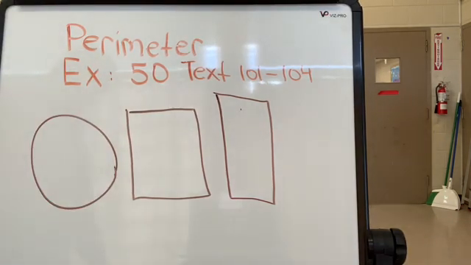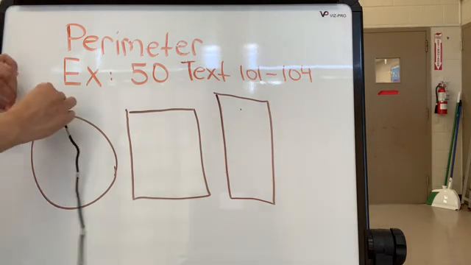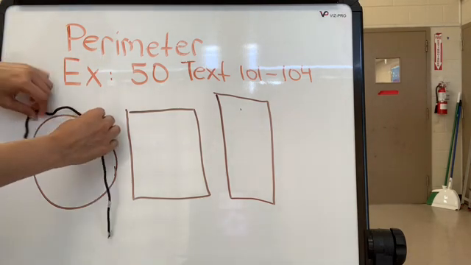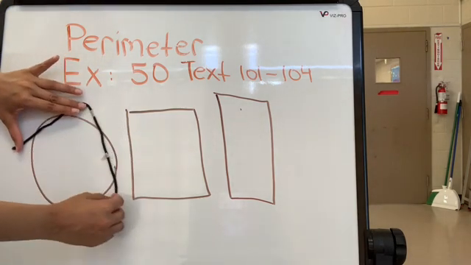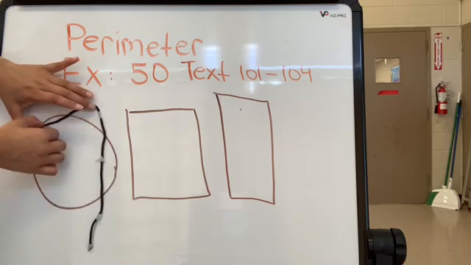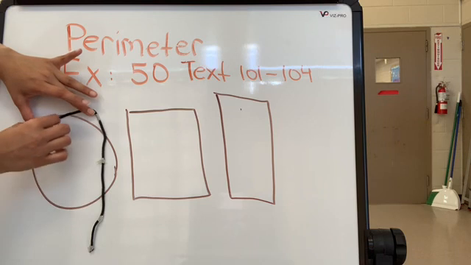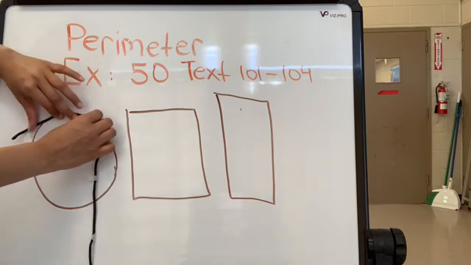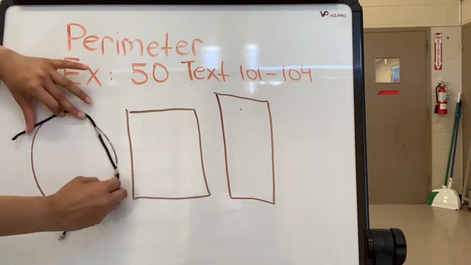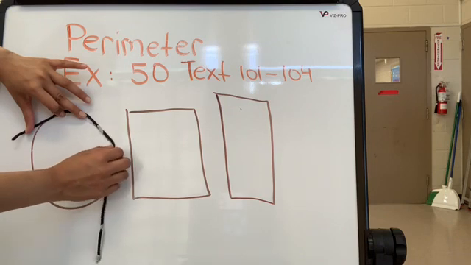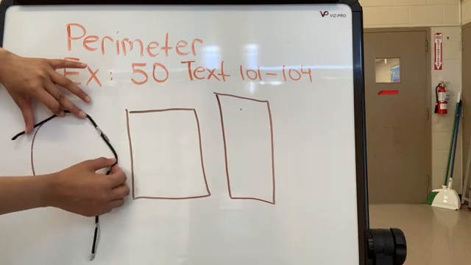So let's go ahead and measure. I may not have big enough string for this, okay? But basically, just to show you better and bigger, this is what I would do in my workbook. I would just go around and I would form a circle. You can tape it, that's why I was using the tape, okay?